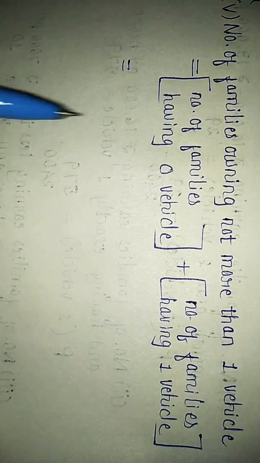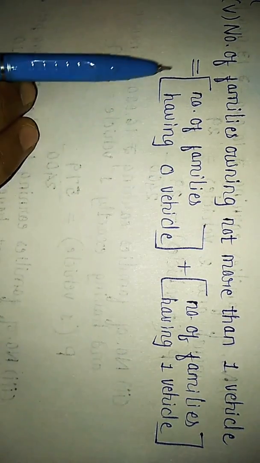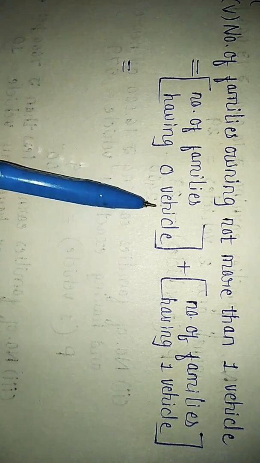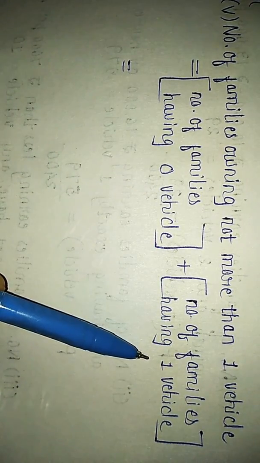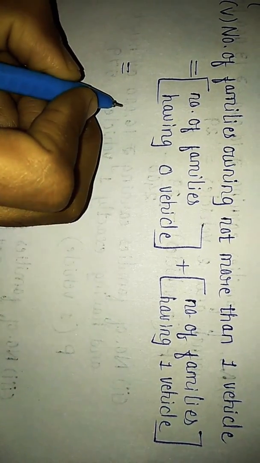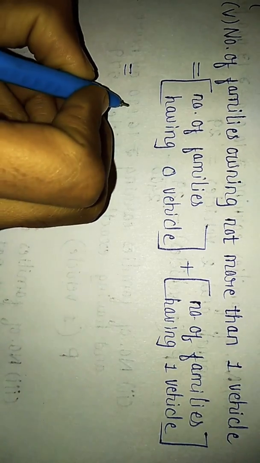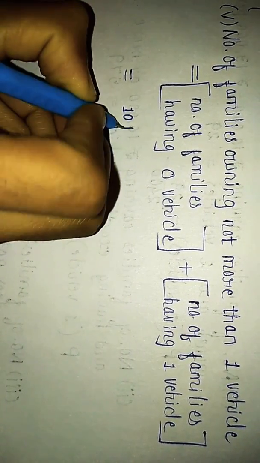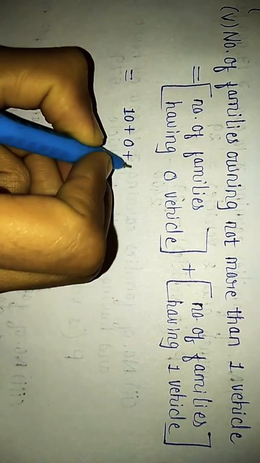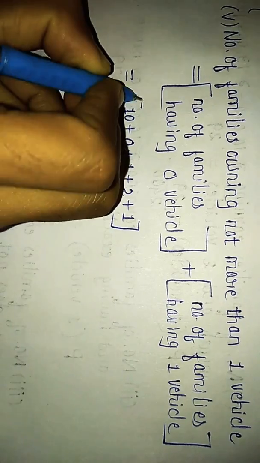Let us write it. Number of families owning not more than 1 vehicle, that will be equal to number of families having 0 vehicle plus number of families having 1 vehicle. In the column of 0 vehicle, the numbers are given that we will add, which are 10 plus 0 plus 1 plus 2 and plus 1.